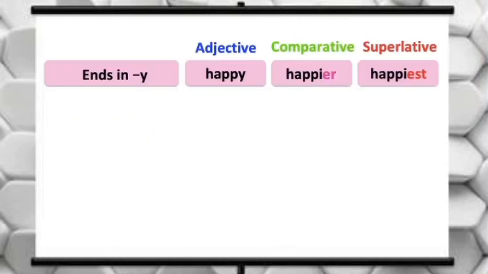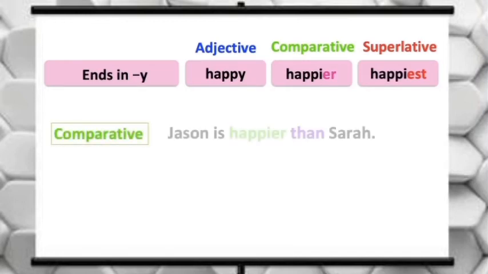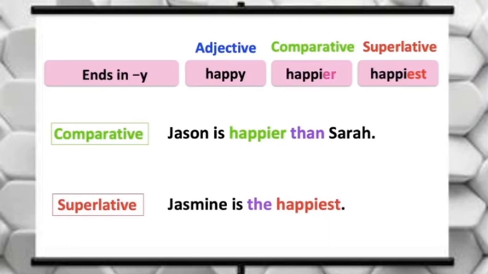For 2-syllable adjectives ending in the letter Y, we remove the letter Y and add I before the ending ER or EST. For example, Jason is happier than Sarah. Jasmine is the happiest.